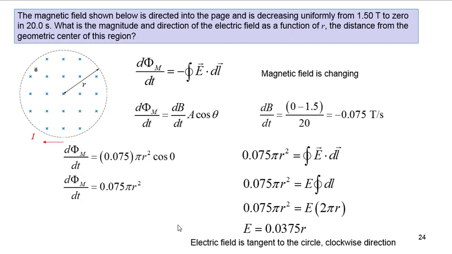So we can say that our electric field is tangent to the circle in the clockwise direction. So this is how big the electric field is, and this is the direction of that electric field. And this electric field is being created because our magnetic field is changing. So the changing magnetic field is inducing an electric field.